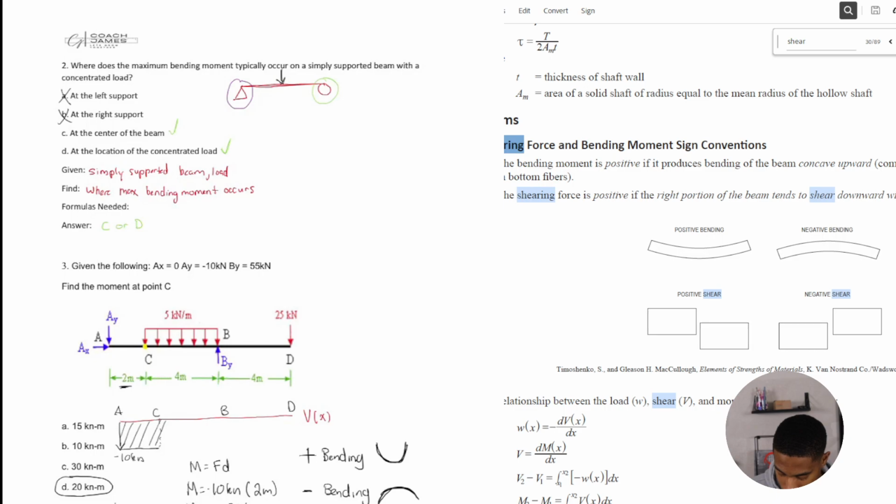Okay, so I found the moment at the point, but the diagram, if I drew it at the diagram, right? You draw your shear diagrams, your moment diagram is very similar. So you just put M of x, right? This represents 0, that line. You have point A, C, B, D. You can't see anything.